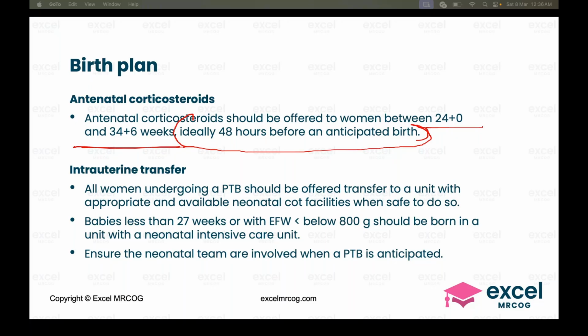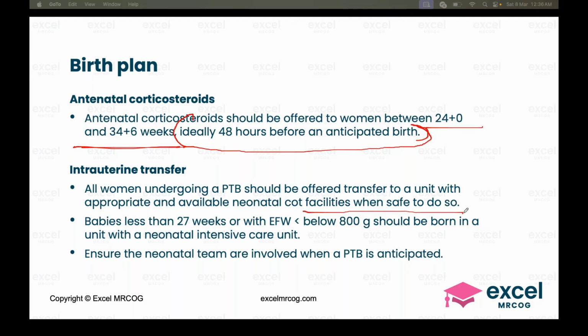And the level of neonatal cot facility would depend on the extent of growth restriction, the extent of prematurity, both the factors. Okay, and when it is possible or safe to do so means the patient should not be in advanced labor. She should not deliver while you are transferring the patient.